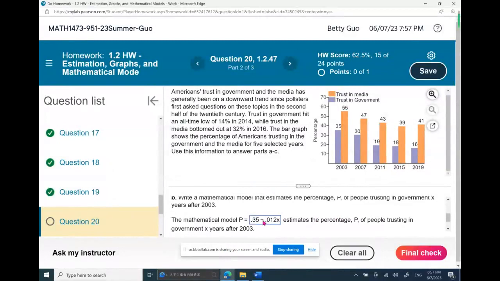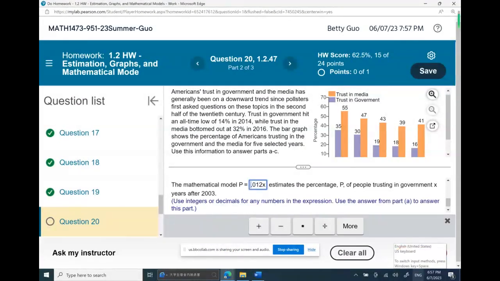Switch the order. So P is the percent when x equals 0.